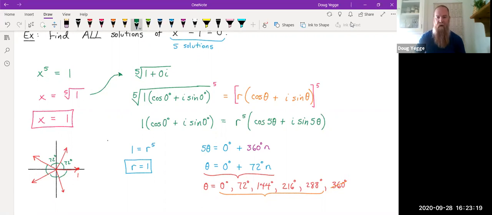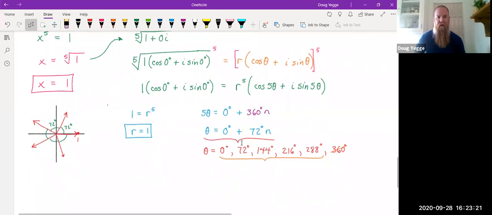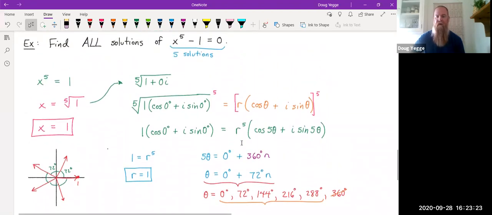And therefore, let's write out each of our complex results. All of the complex solutions to this equation are x equals 1 cis of 0 degrees. Or another solution would be x equals 1 cis of 72 degrees.